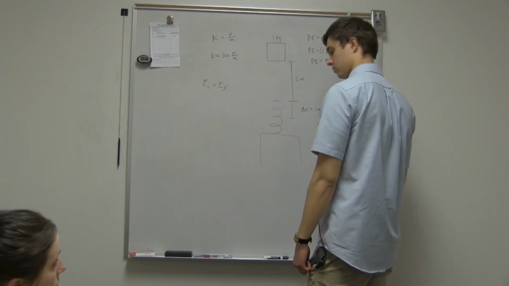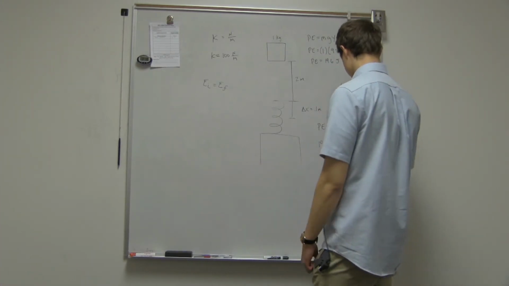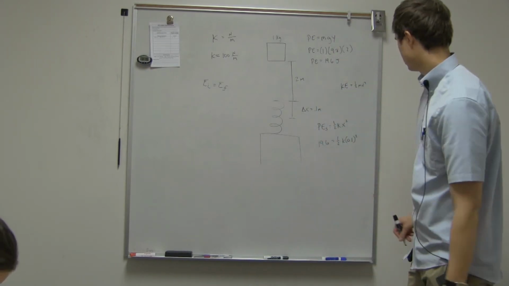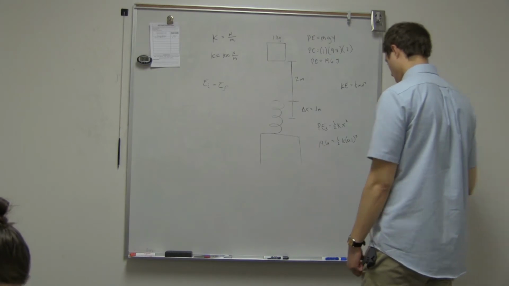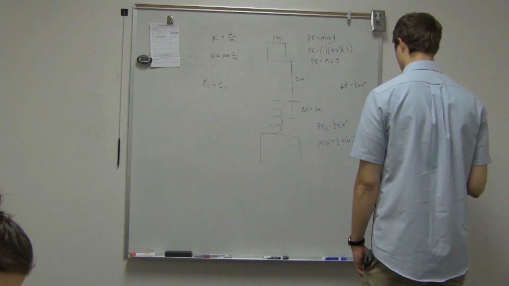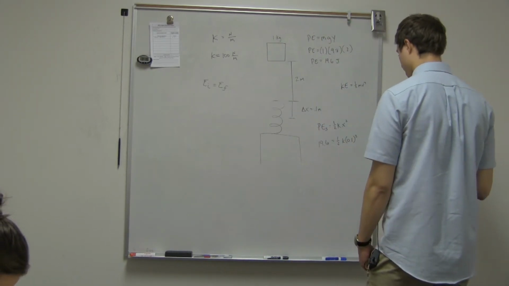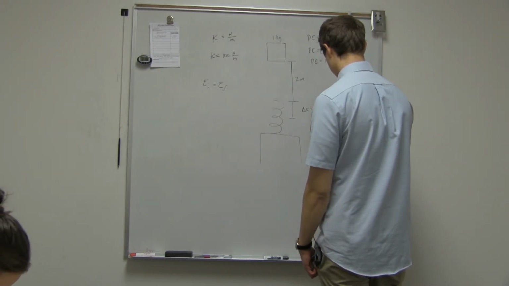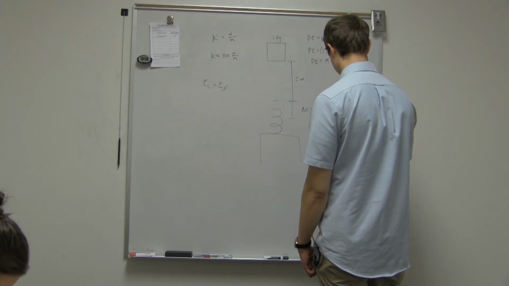Can I use this calculator? Yeah, definitely. So 0.1 squared is 0.01. 0.01 times 1/2 is 0.005. So we end up with 19.6 equals 0.005 K.